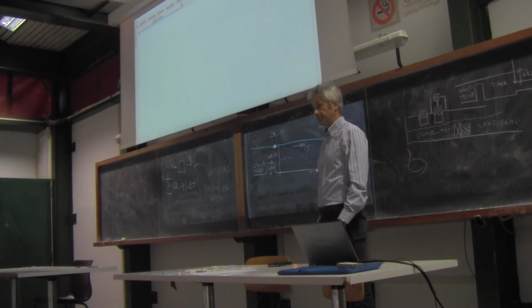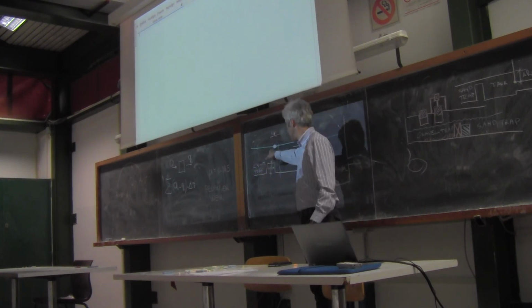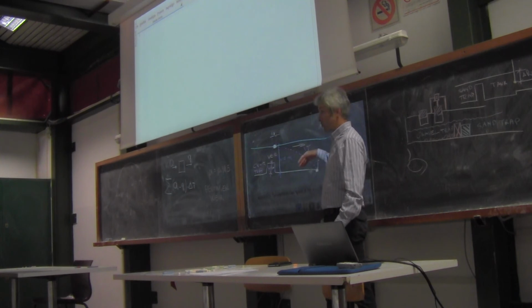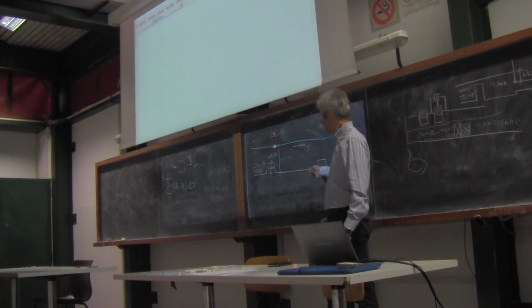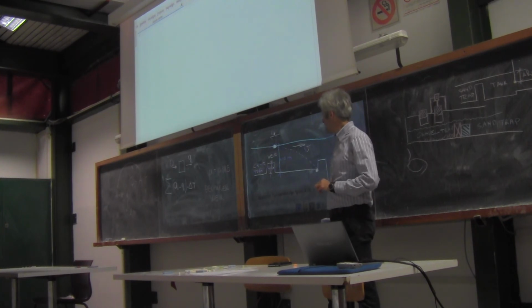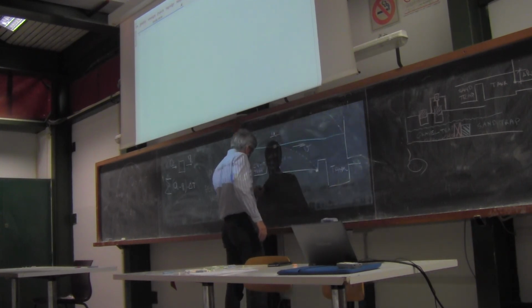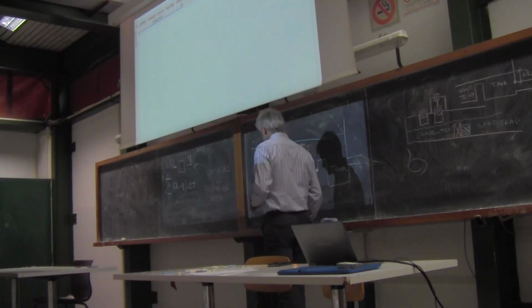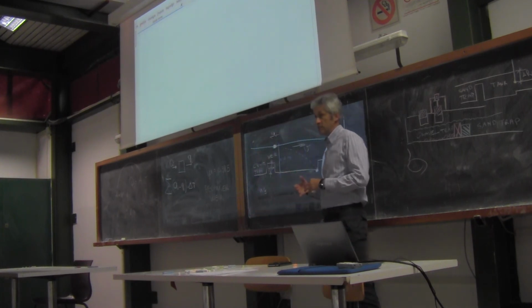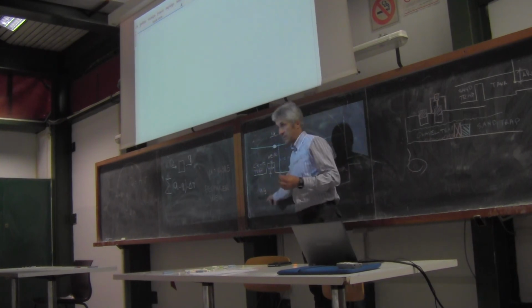So, the vertical distance that the particle should cover to reach the bottom is about 1 meter. And the particle has a vertical velocity, the sedimentation velocity, which we indicate with Ws.